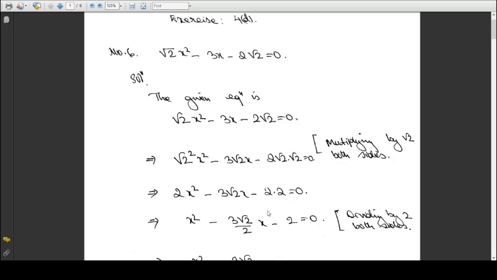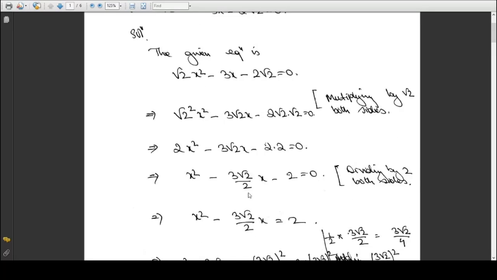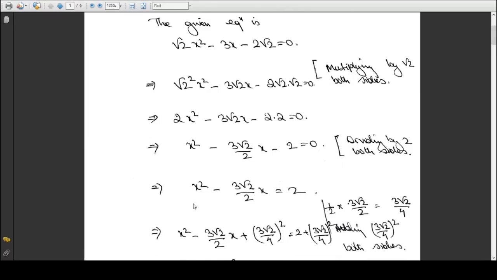On the right side it is 0. Okay, now the next step is to transpose this constant to the right side. Yes, minus 2 will be plus 2. Now on the left side we have x squared minus 3 root 2 by 2x. On the right side we have 2.